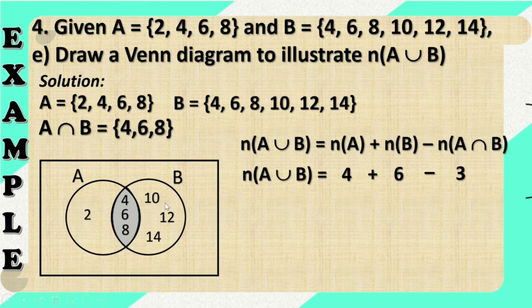And then, the cardinality of event B, pag binilang din natin, we have 1, 2, 3, 4, 5, and 6. So, we have 6. But, we are going to subtract the cardinality of A intersection B. Okay, kasi naulit sila na binilang natin kanina. So, we have 3. So, therefore, the cardinality of A union B is 7.